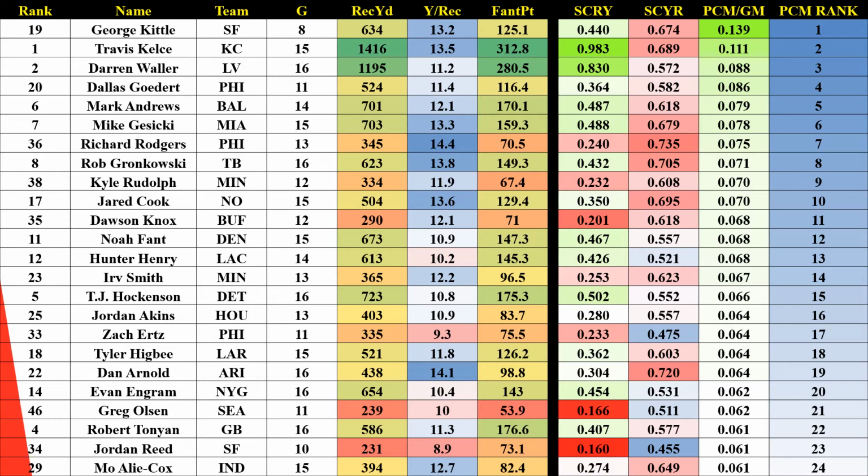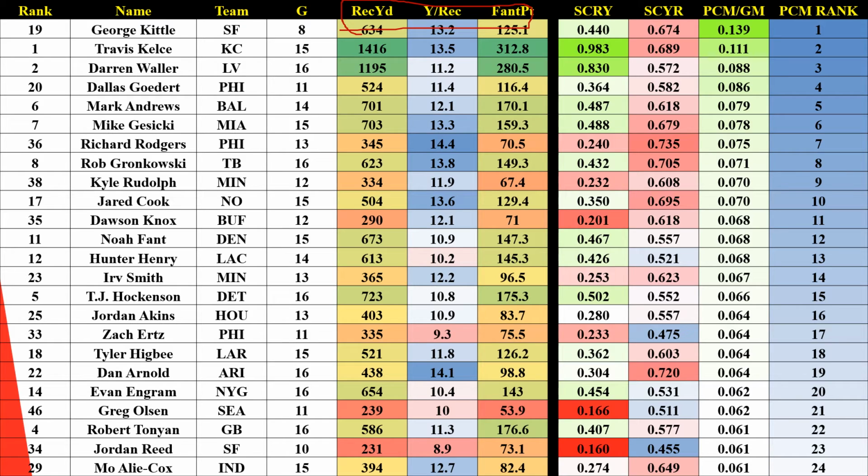So now we come to this screen, and I just showed you the numbers there, the reception yards, yards per reception, and the fantasy points. And so scaled reception yards and scaled yards per reception, that's just my little scary things there.